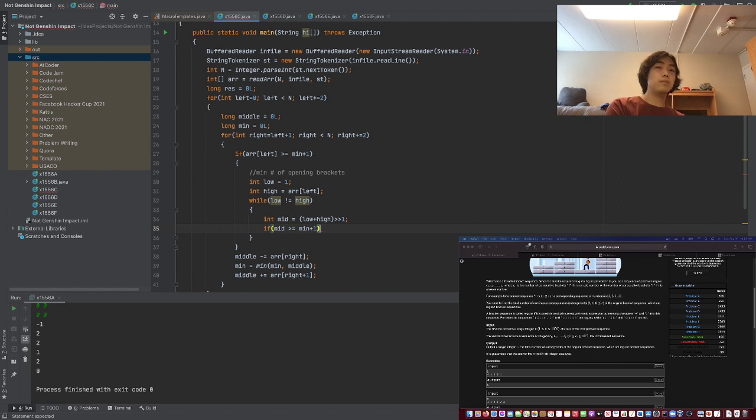Wait. Yeah, if min is at least as large as min plus 1, and it also has to be less than something. And min is less than or equal to min plus array at right.